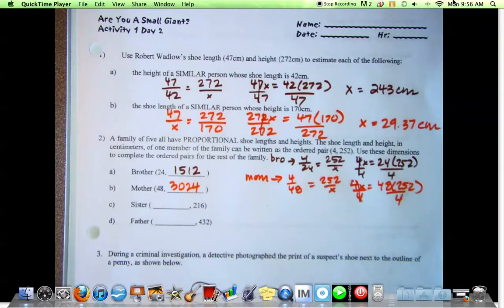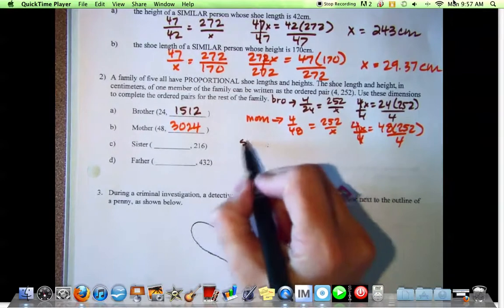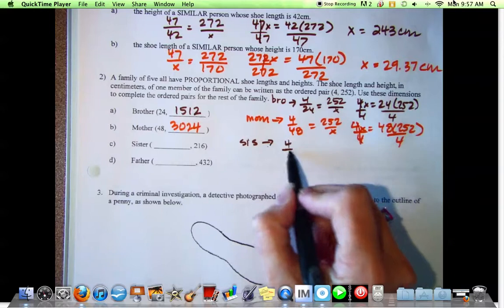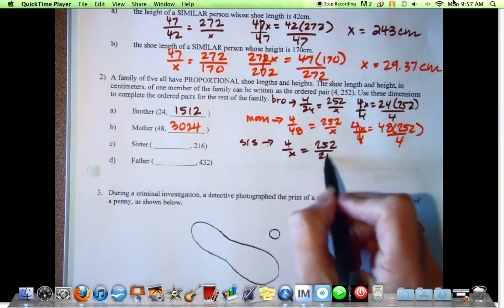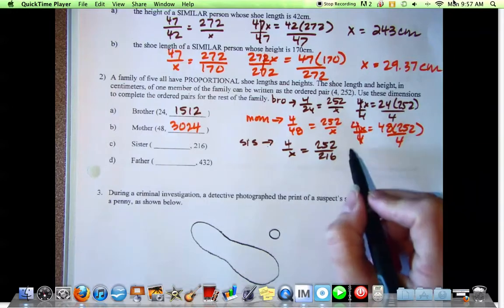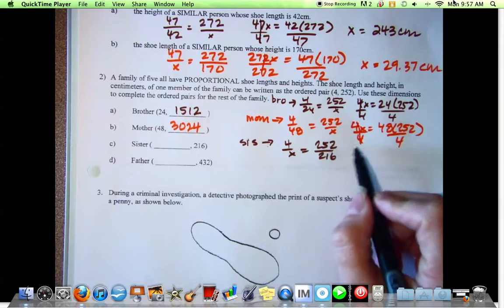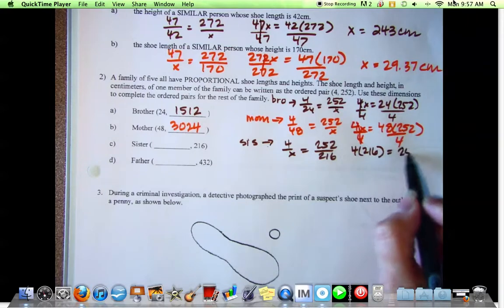All right, the sister. What am I looking for on the sister? Shoe length. All right, so what am I going to set up? 4 over x equals 252 over 216. All right, what am I going to do now? Cross multiply. Cross multiply what? 4 and 216 and 252. 4 times 216 equals 252x.